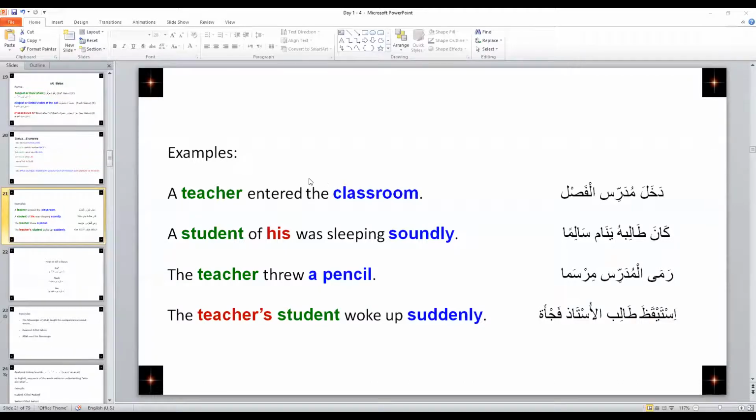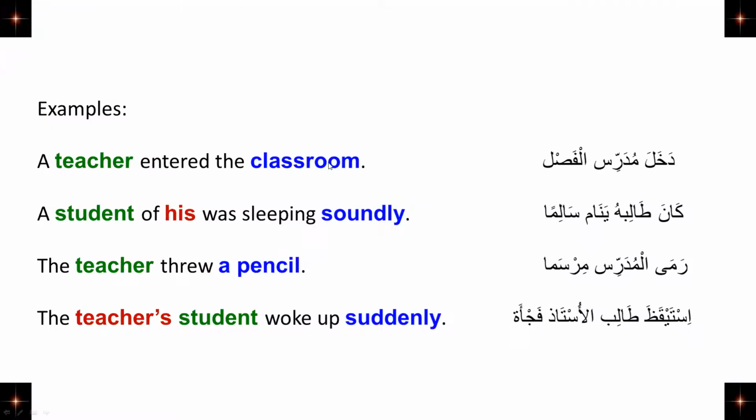Thank you for that. Okay, so now this is what I was explaining, that a teacher entered the classroom. Dakhala mudarrisun al-fasla. Teacher is the doer, so rafa. Fasla is supposed to take fatha because it is in the status of nasb.